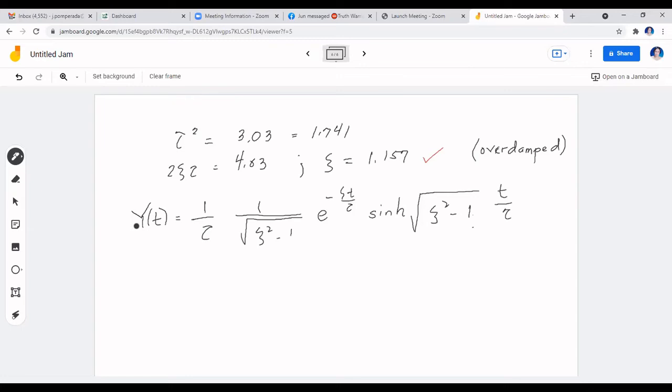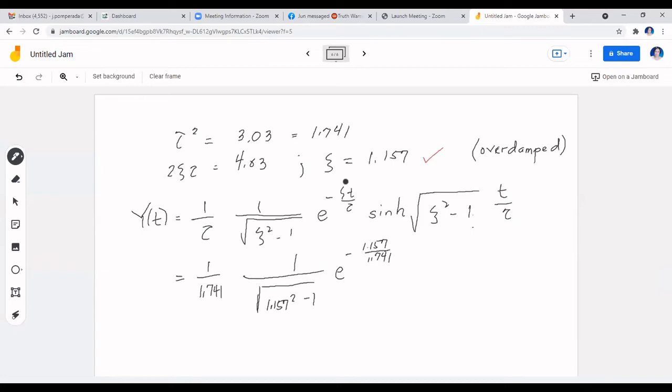Now, we substitute our values. So in this case, 1 over 1.741 for tau. Then you have 1 over the square root of 1.157 squared minus 1, then we have the exponential function here, negative 1.157 over the tau, which is 1.741.